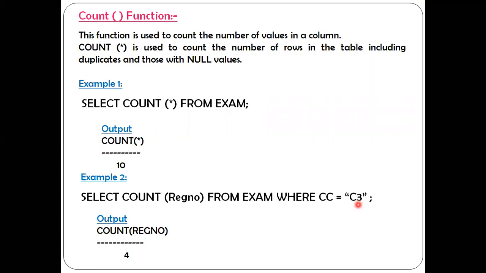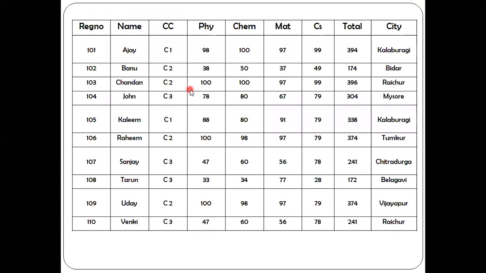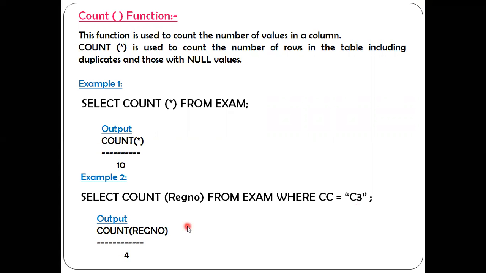Have a look at the table. How many students belong to C3? C3, C3, C3, C3. Total 4. So I am going to get the answer as count of register number: those students who belong to the C3 college, only 4 students.